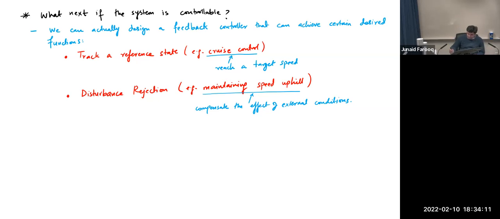So these are two primary objectives, but there's a third one: to meet performance specifications. You may have applications where certain performance specifications are required, for example, how quickly the system responds, what the rise time is, what the overshoot is, and so on.